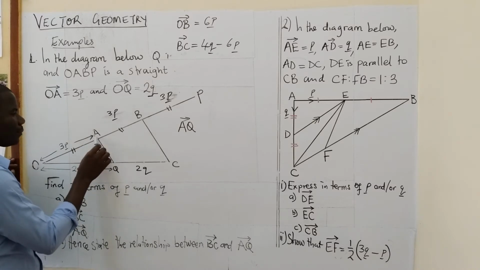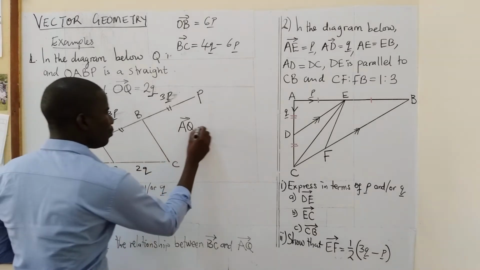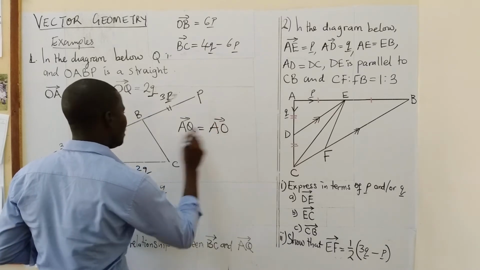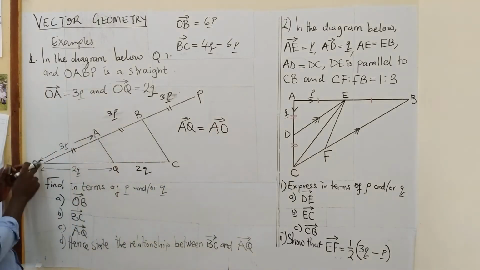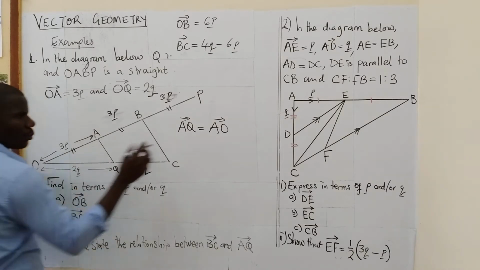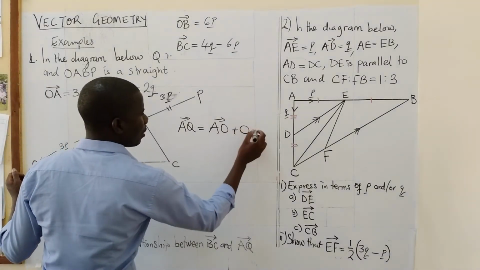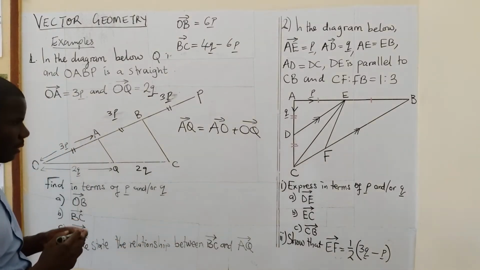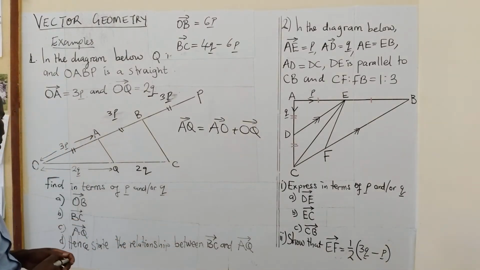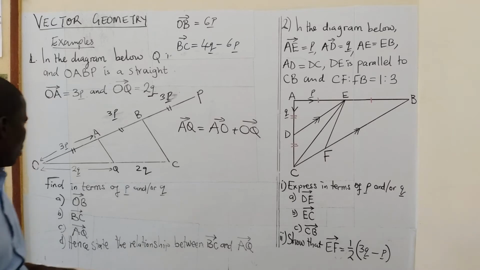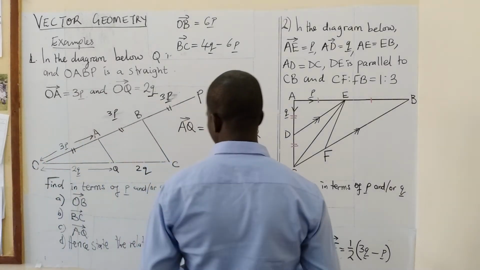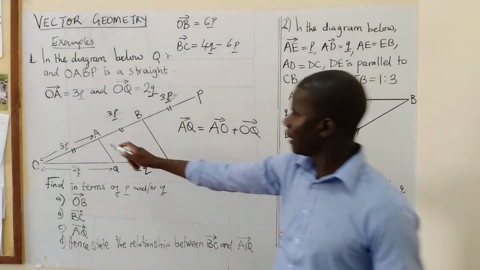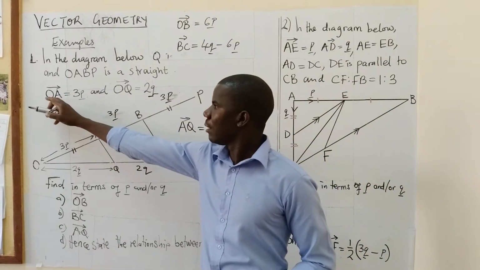Or this can also be AO, meaning from A we need first to go to O, then from O we come to Q. OQ. This is another way that we can use. It is the same thing that I was talking about, where what we have been given here is OA.